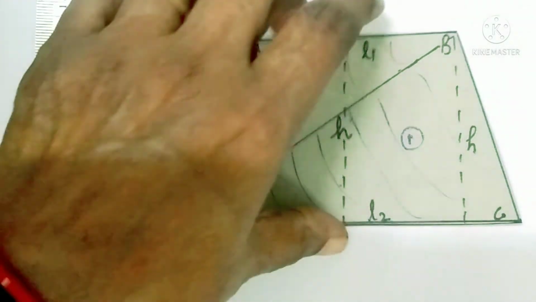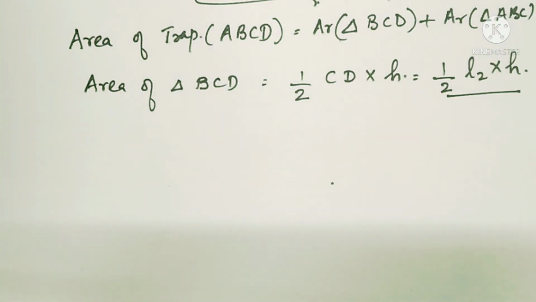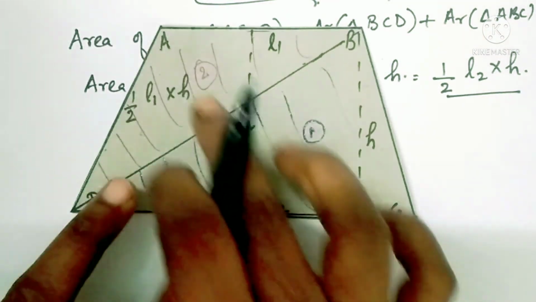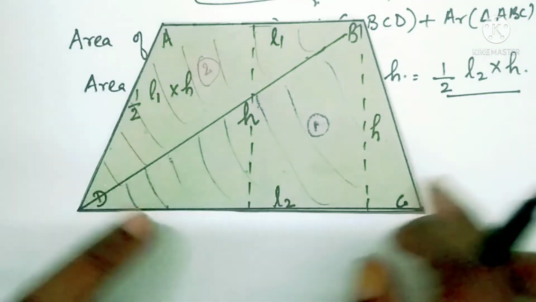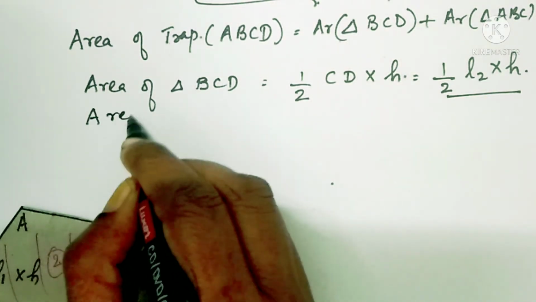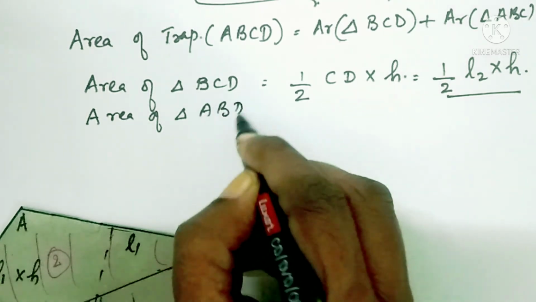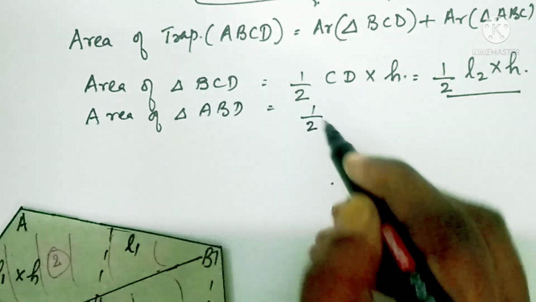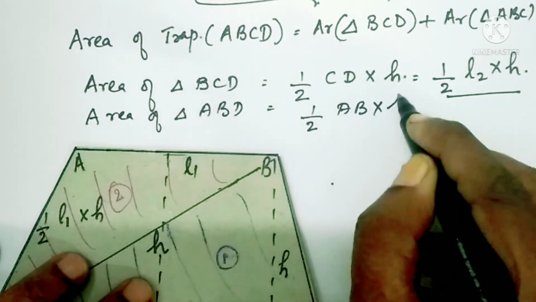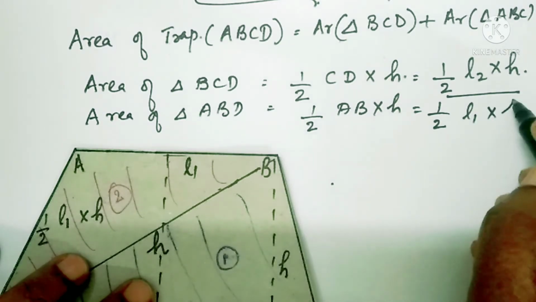Okay, so let us write that also on the paper. So, what is it? Area of triangle ABD is equal to half into AB into height, that is half into L1 into height.